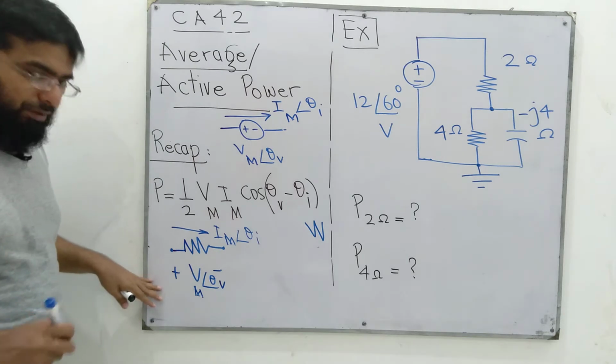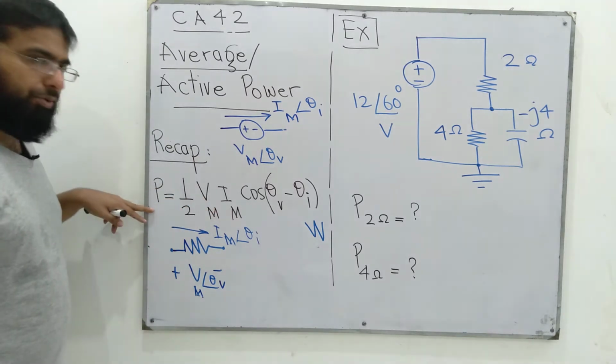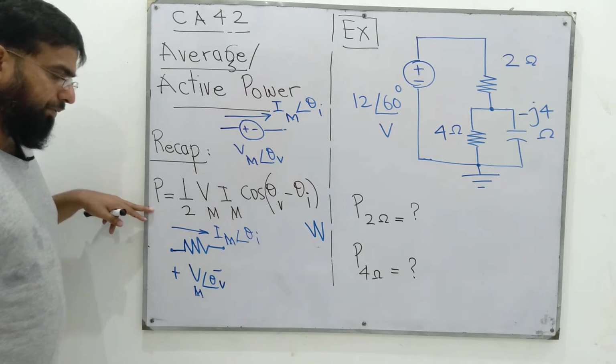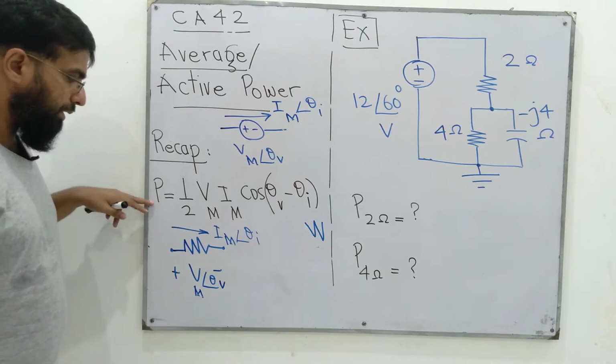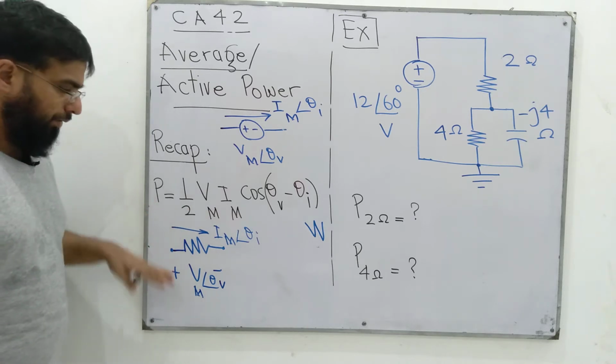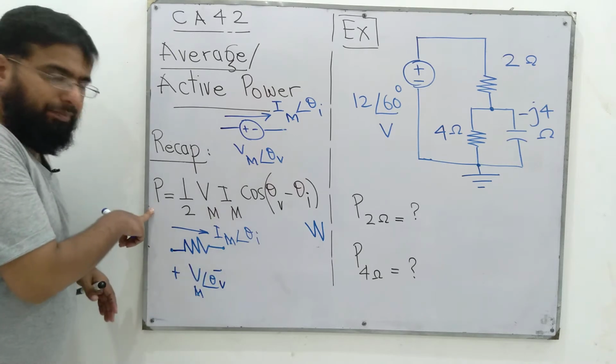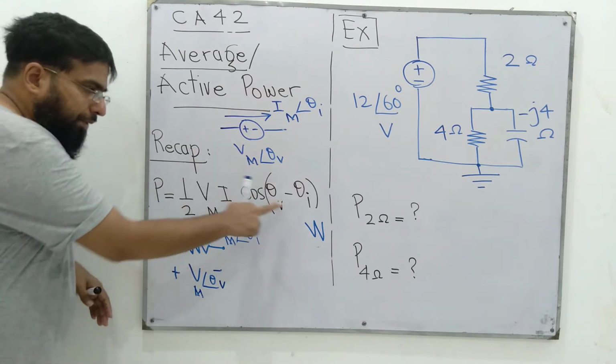So there was a little confusion in the last lecture about which V and which I we should use to compute this power. Now I think it's clear that the voltage across and the current through the component for which we are finding power is plugged in here.